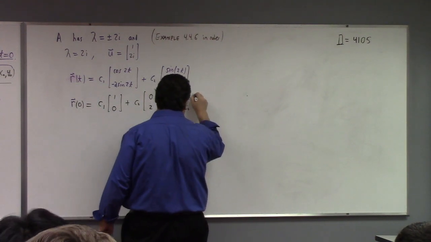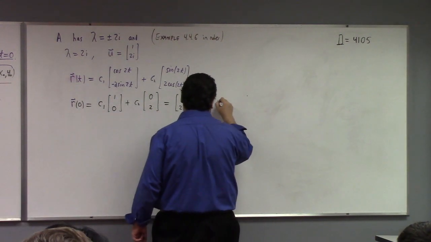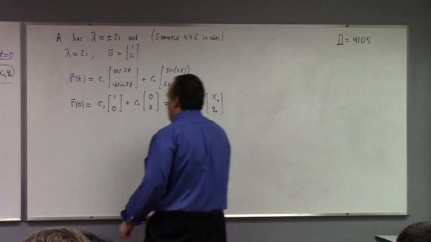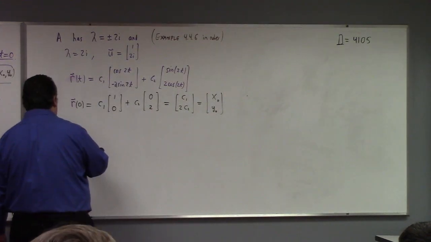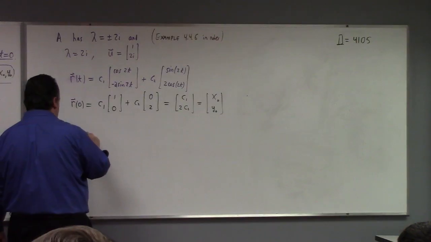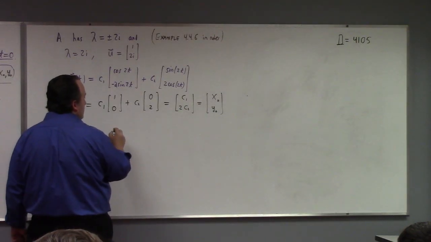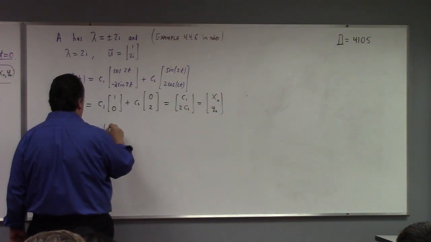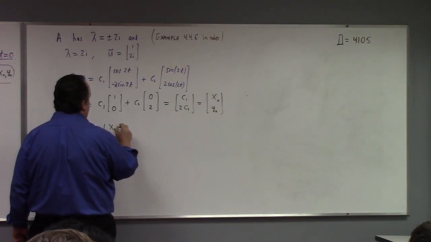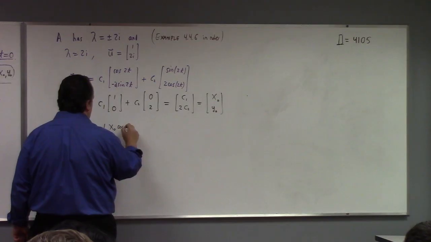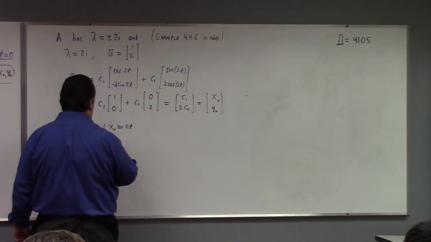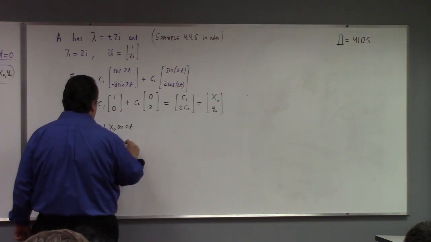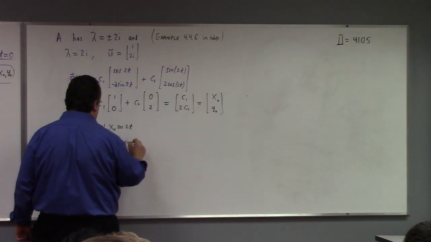Right? So 2c2, now this is equal to x naught y naught, right? And so apparently the integral curve that we're looking for here is simply r of t equal to, I can write it all out as one big thing, x naught cosine 2t, and down here minus 2x naught sine of 2t, because c1 is equal to x naught.